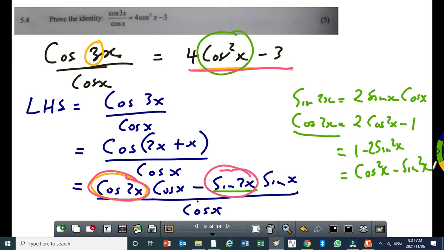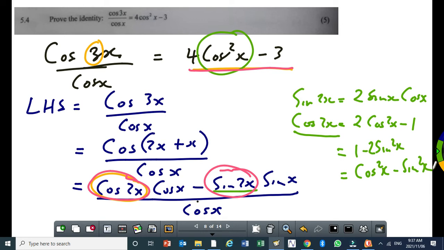You have to know that the double angle for cosine can be written in 3 ways. You never know which one you are going to require in your paper on Monday, so be ready for all 3. You can't come on Monday and not know that cos 2x is equal to this, it's also equal to that, it's equal to that.